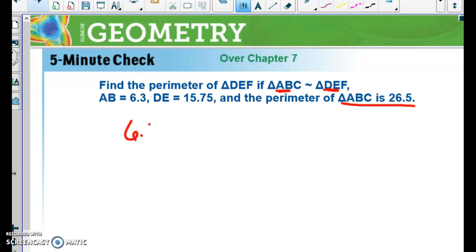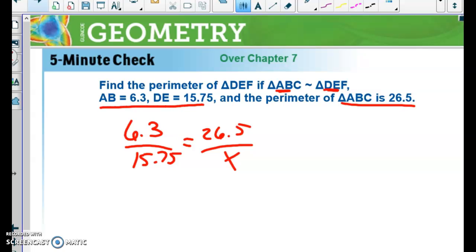So I'm going to set up my proportion. AB is to DE as the perimeter of ABC is to the perimeter of the other one. And again, pretty sure you can solve that. The thing that you need to remember here is the side ratio and the perimeter ratio are the same ratio.